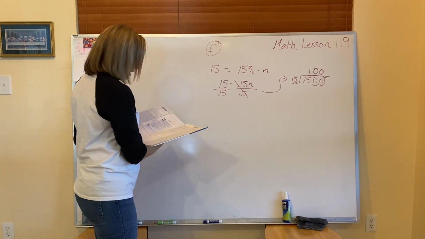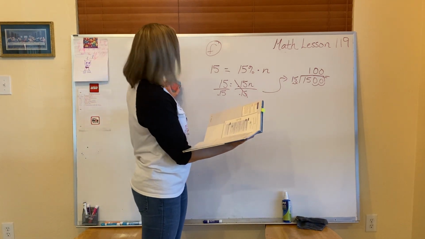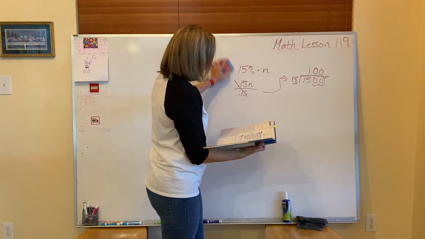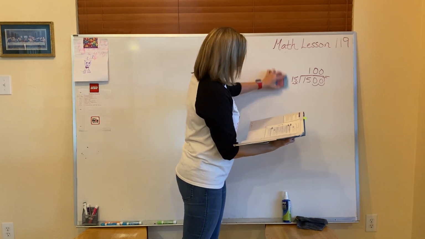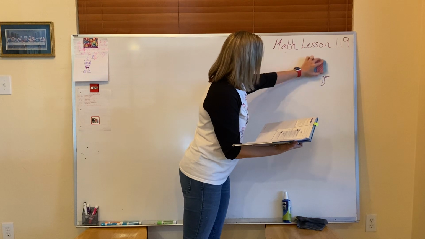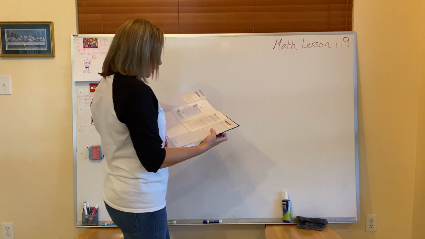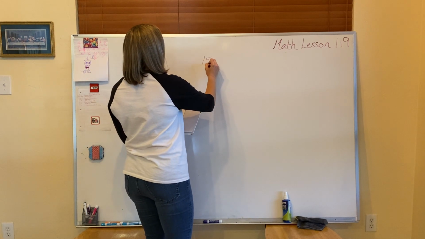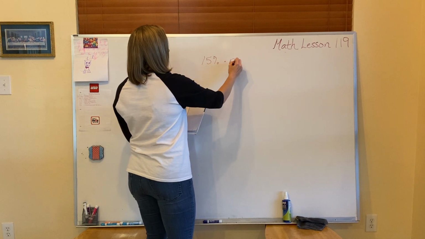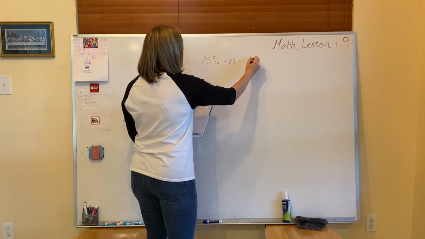Now it tells us on G, write and solve a word problem for the equation below. You can get creative with this one. Our equation is 15% times n is equal to 12.